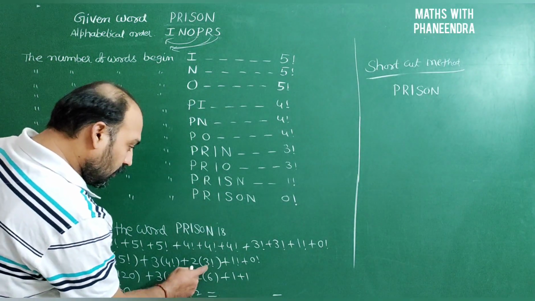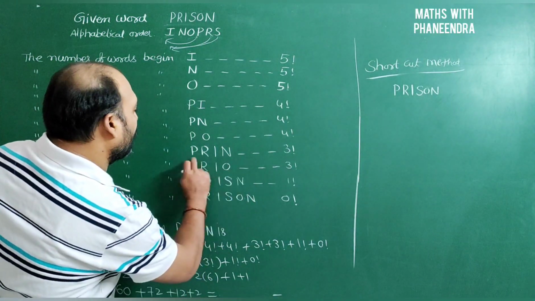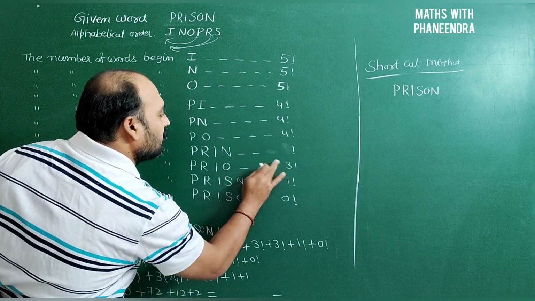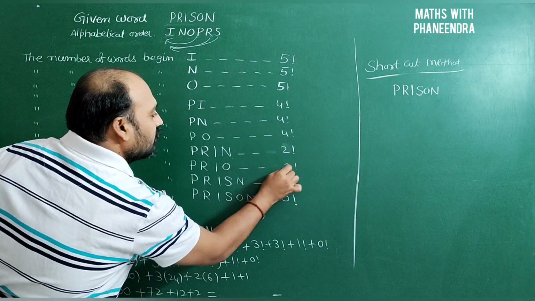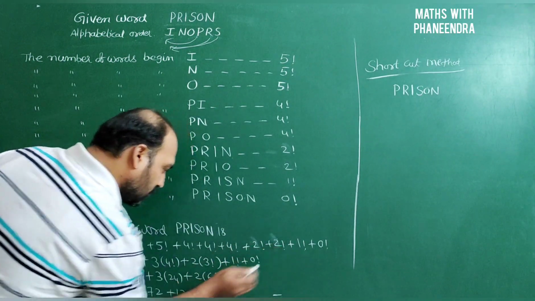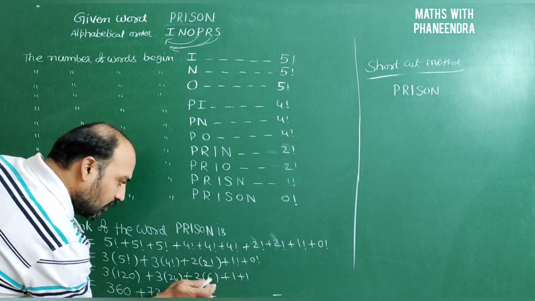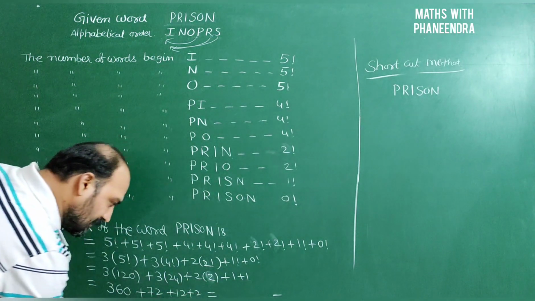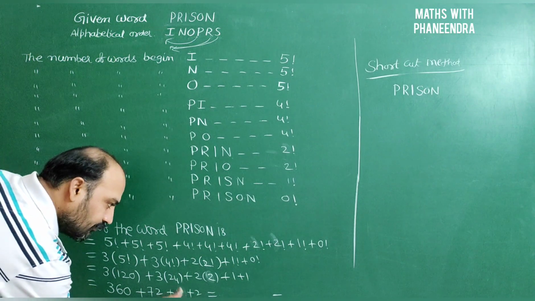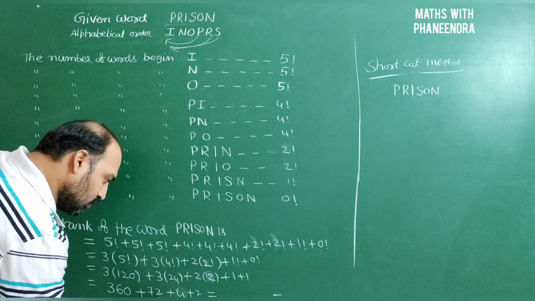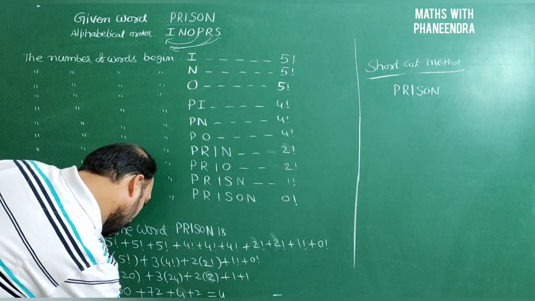So here not 3 factorial, it is 2 factorial. PRIN is there now, so only 2 factorial. Sorry, here only 2 letters are there, not 3 letters. So here 2 factorial, 2 factorial. Here also 2 factorial, 2 factorial. So that's why here 2, 4 plus 1 plus 1, 6. 4 plus 2 plus 2, 8. So 438.